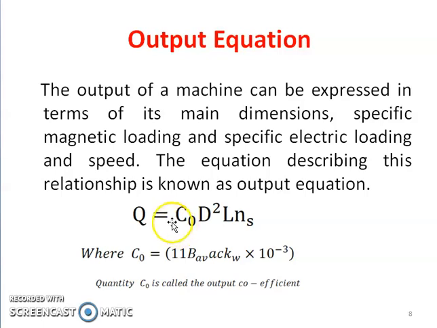And this output equation is mathematically expressed as Q equal to C naught D square L into Ns, where C naught is output coefficient and it has parameters like specific magnetic loading B average, specific electric loading AC, and winding factor Kw. Then we will discuss how to derive this particular output equation for induction motor.